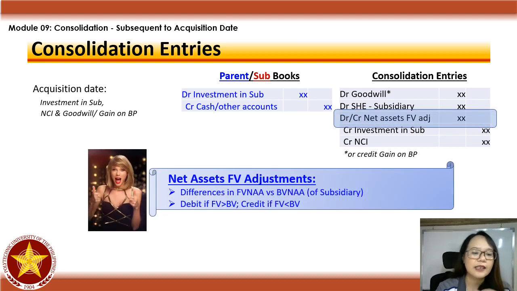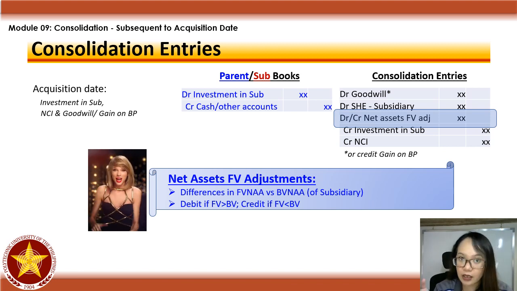Then, the net asset fair value adjustments of the subsidiary. Remember that what we record in consolidation is the fair value of the net assets acquired, right? But in the books of the subsidiary, you don't touch anything there; it is still recorded at the book value of the subsidiary.